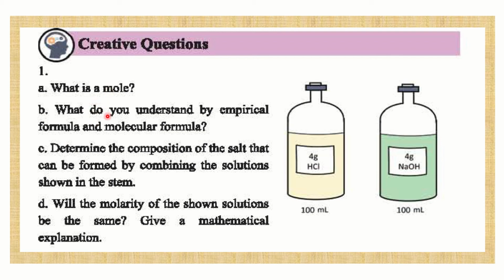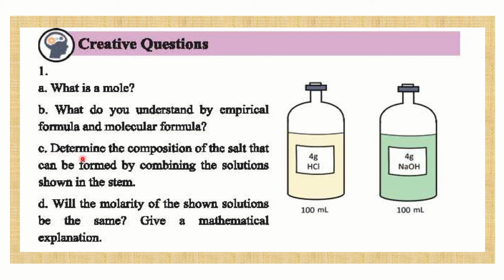Now B number question, what do you understand by empirical formula and molecular formula? We learned this, empirical formula and molecular formula. Empirical formula expresses only the ratio of the atoms present in a molecule, and molecular formula represents the exact number of atoms present in that molecule.